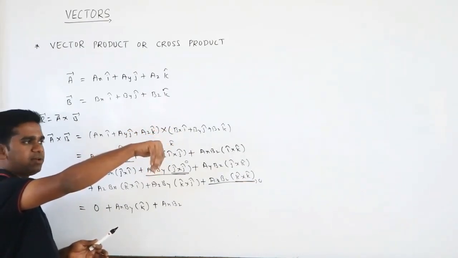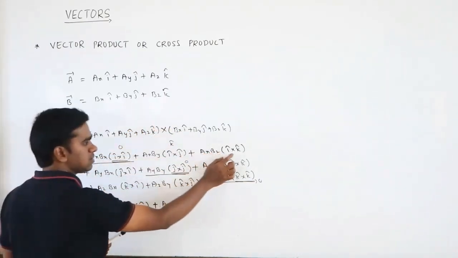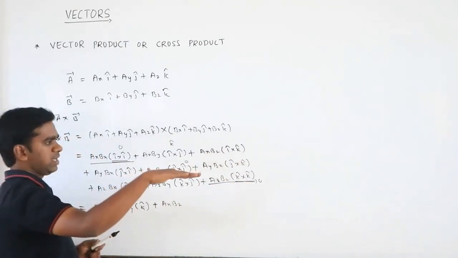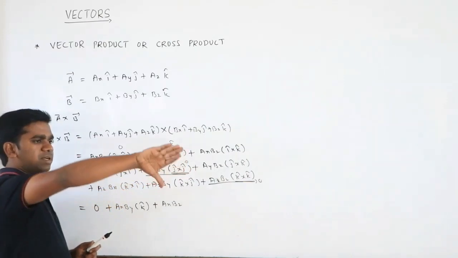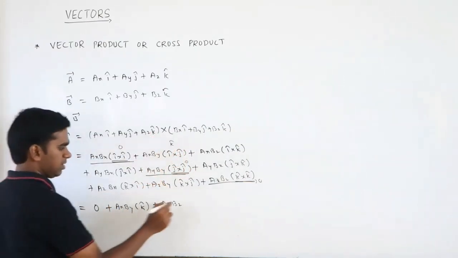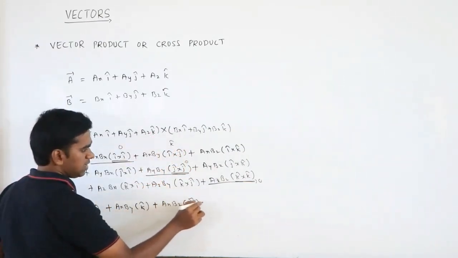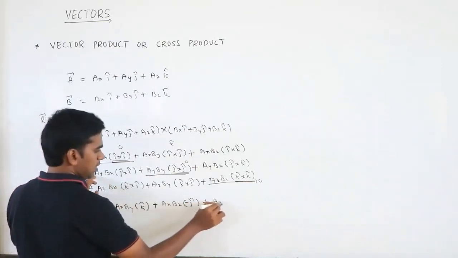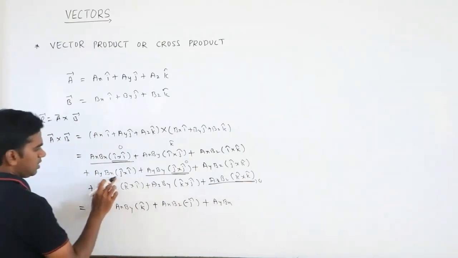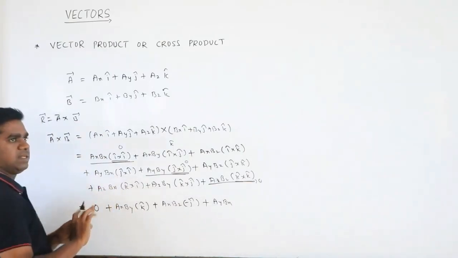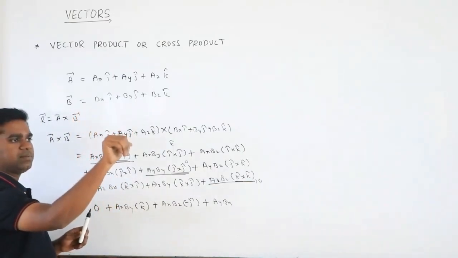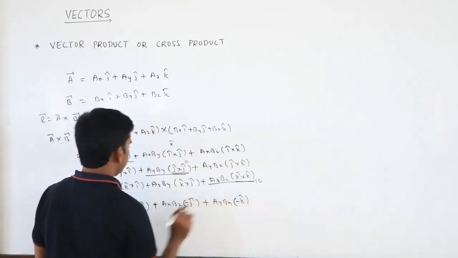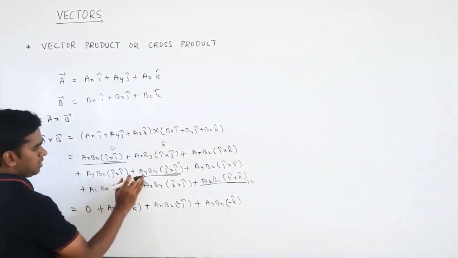Clockwise means negative, so minus J cap. Plus here Ay Bx, J cross I means minus K cap.